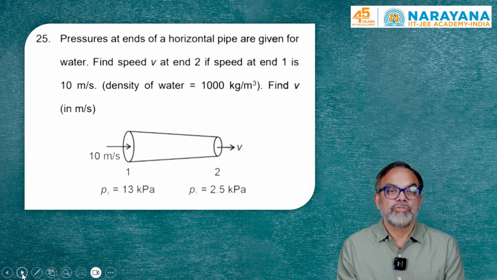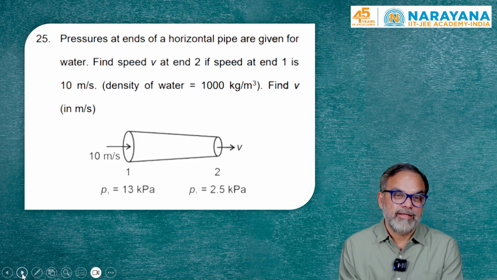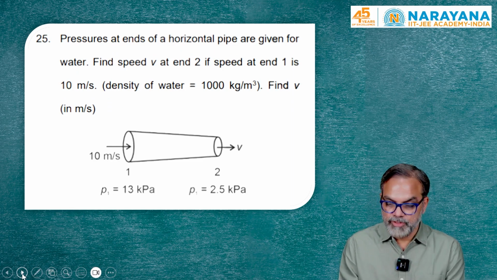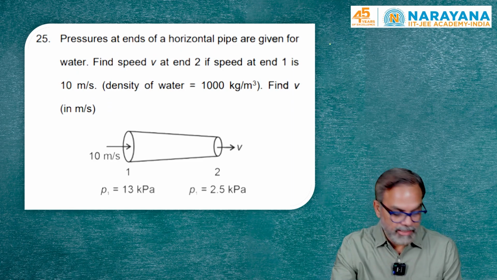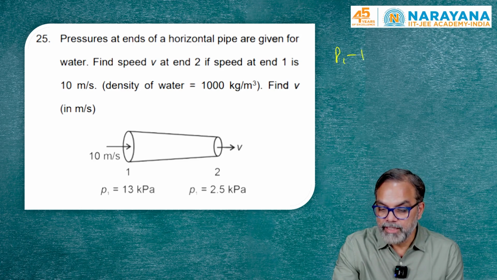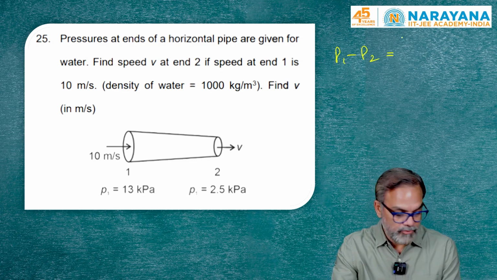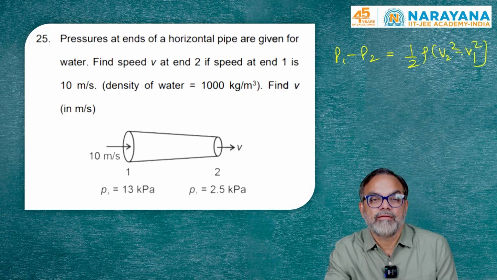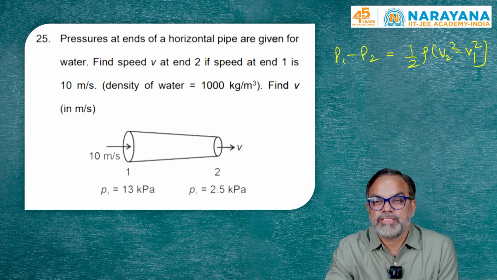Then we come to question number 25, and it is just the formula based question. So using Bernoulli equation, I can write P1 minus P2 will be equal to half rho V2 square minus V1 square, just using the Bernoulli equation.